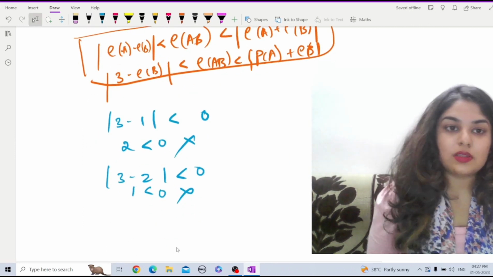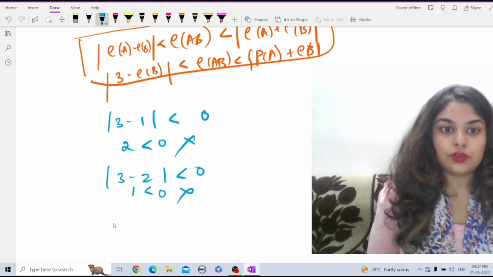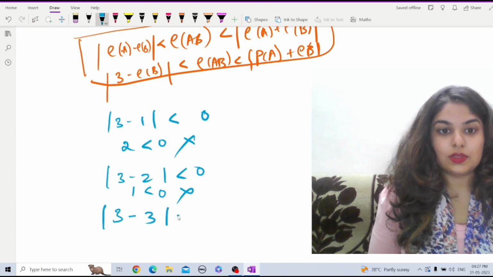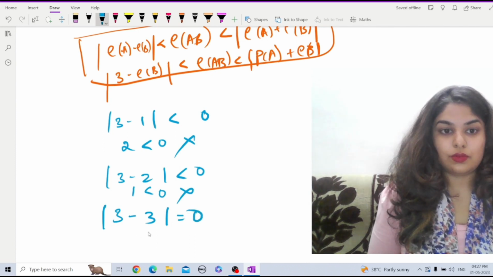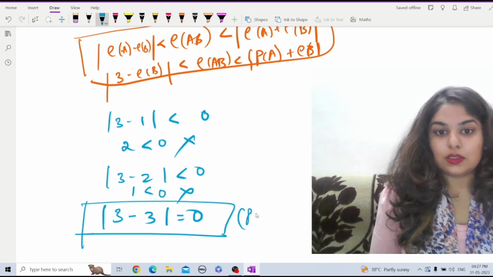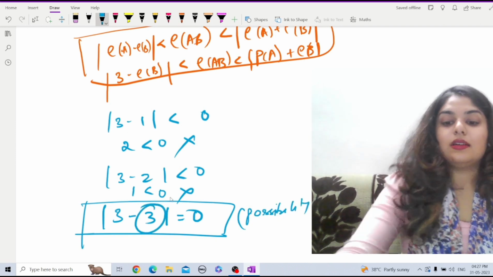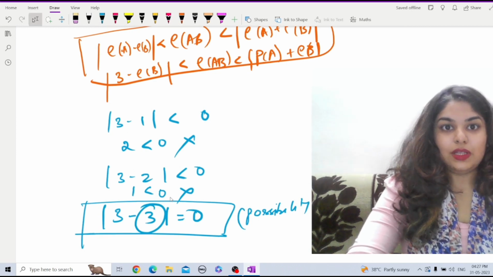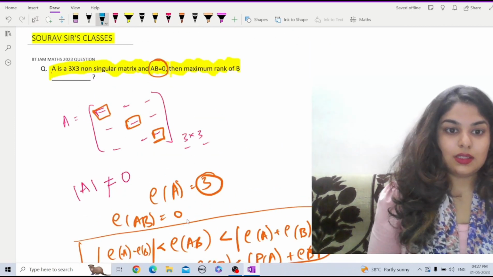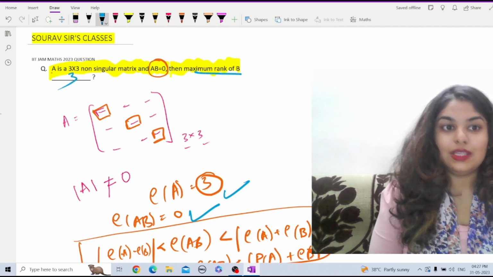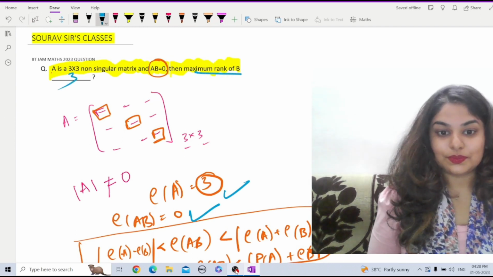Then the maximum possible rank here for B should be 3, because 3 minus 3 is equal to 0. So then it will be a possibility. So from this relation I can say that for the B matrix, given these two conditions, the maximum rank of B should be 3.